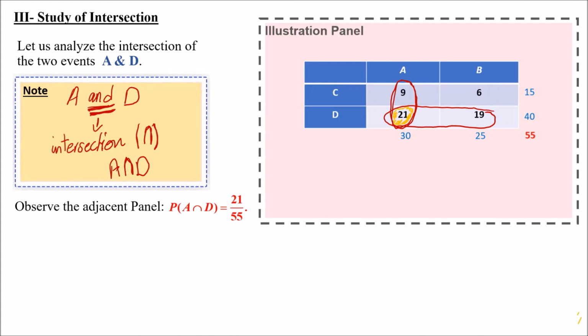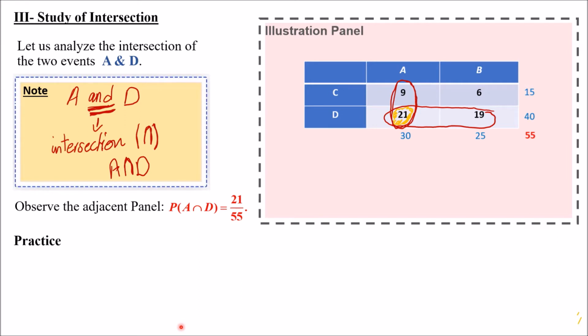Here is the common number between A and D. Therefore, the probability of A intersection D, we take this number, which is 21. So it is equal to 21 over the total, which is equal to 55.